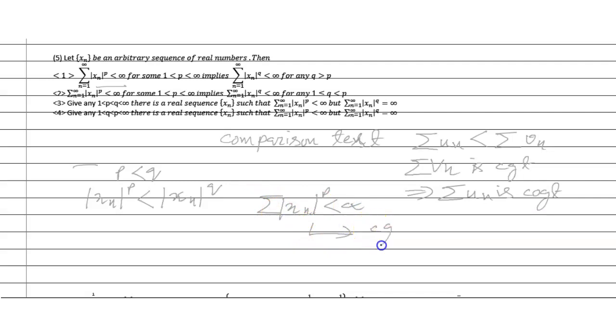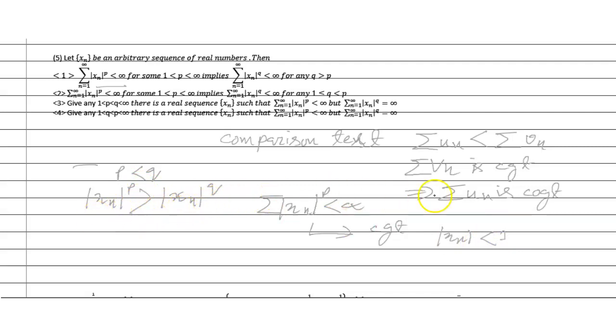Finite means convergent. So this equation will hold. This equation is convergent, so that mod of x_n is less than 1, as p greater than q, so x_n is greater than x_n to the power q.